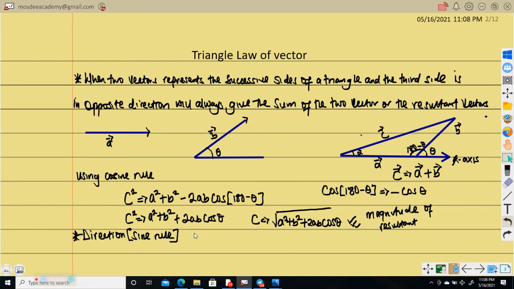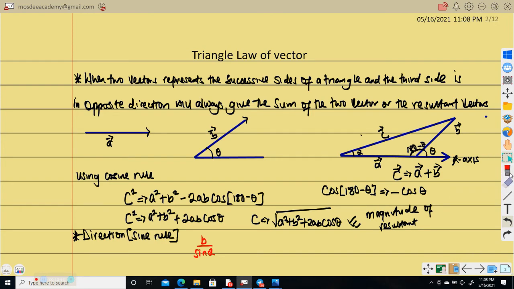So from the sine rule, directly I can say, we are going to have B over sine of alpha. As you can see, we are taking the side of the vector over the angle it is facing.